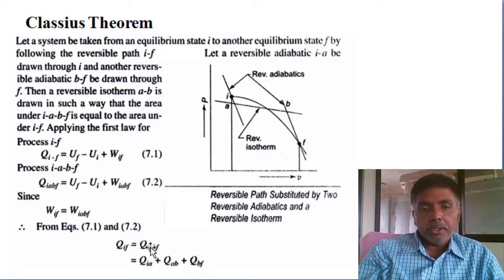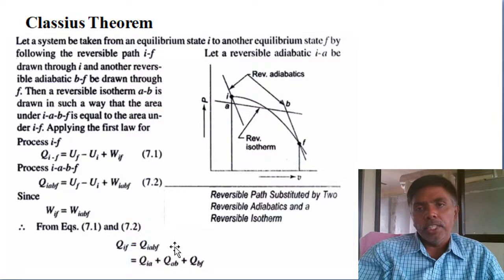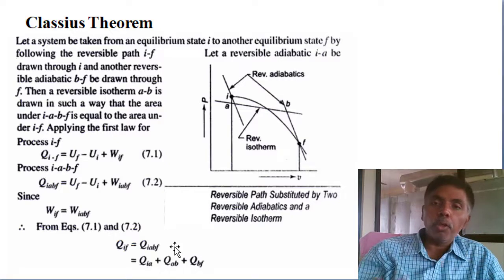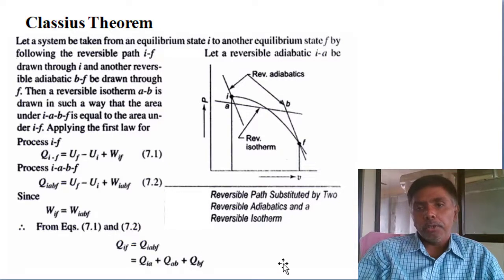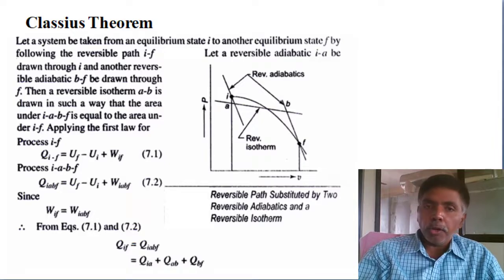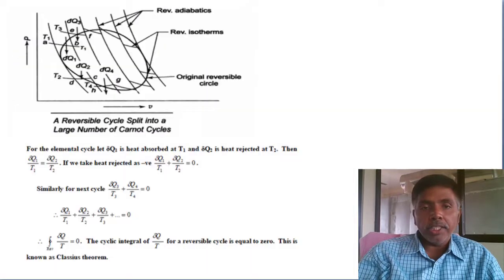QIA, the adiabatic process heat transfer, is 0, QAB is the isothermal process, and QBF is another adiabatic process. So the heat transfer in the unknown process IF is equal to the heat transfer of the known isothermal process. Like this, we can substitute an unknown process by a known zigzag process and determine the heat interaction.